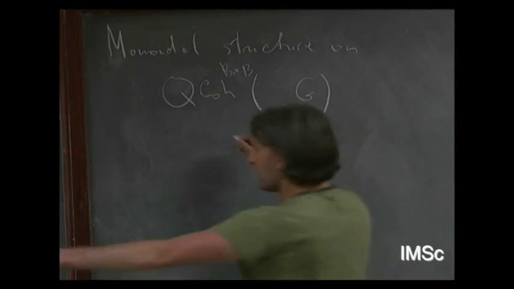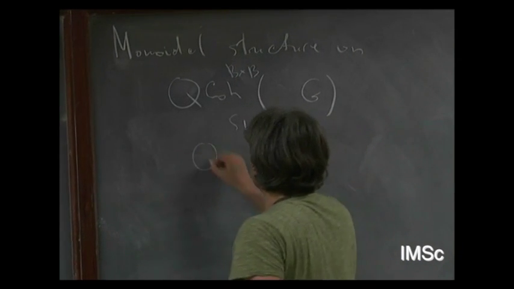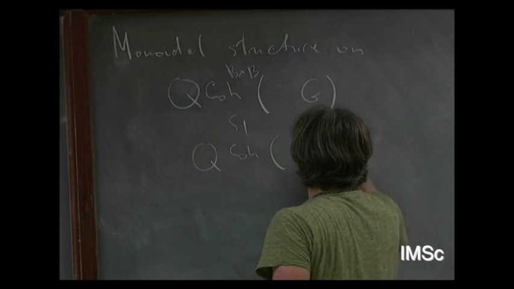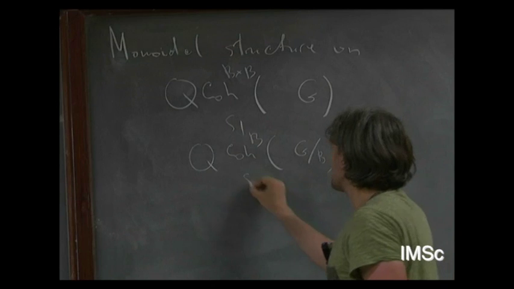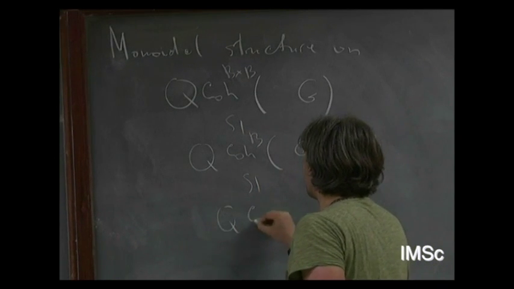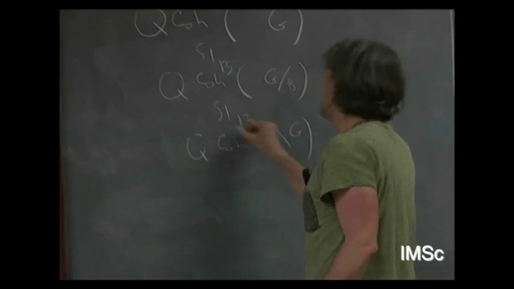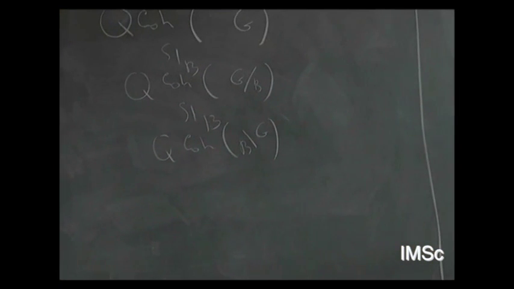Well, in view of this observation, this is the same as quasi-coherent sheaves on G mod B which are B-equivariant, and this is the same as quasi-coherent sheaves on G mod B, again, which are B-equivariant.